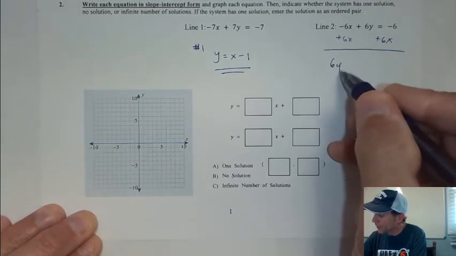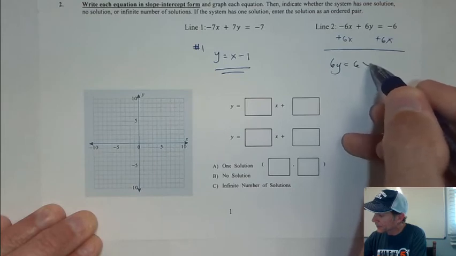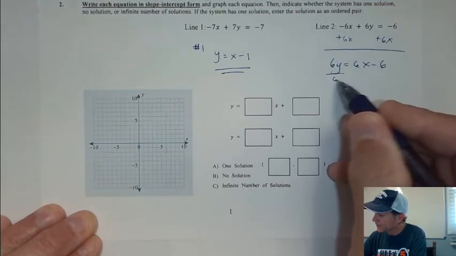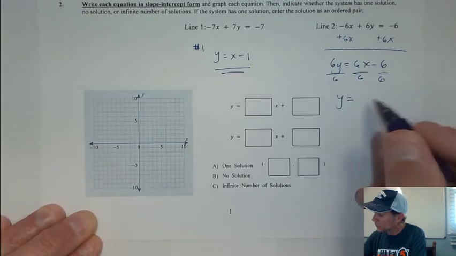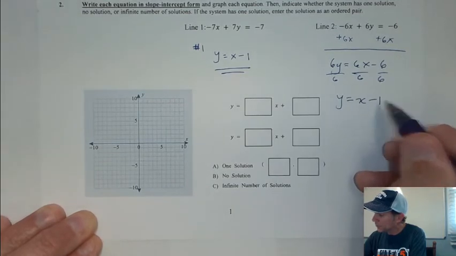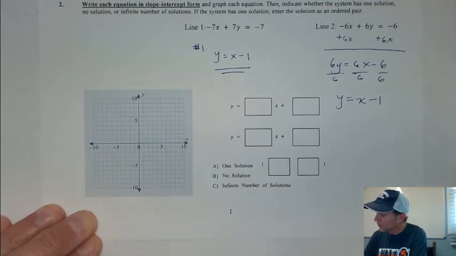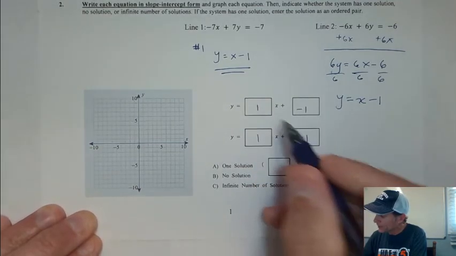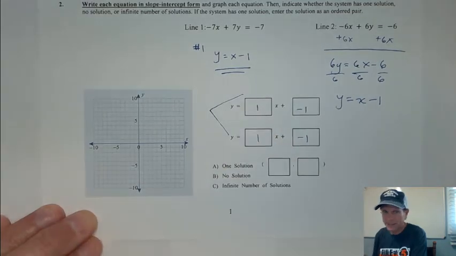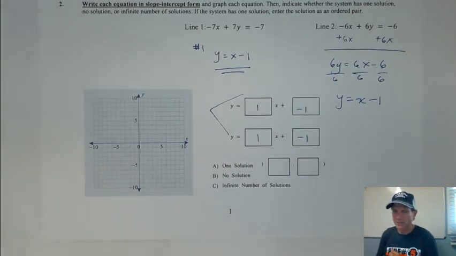We get 6y equals 6x minus 6. And we get y is equal to x minus 1. Okay. So if you take a look at this, we see that these two are an exact match. And so the lines are going to be on top of each other.